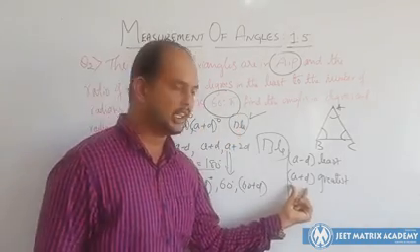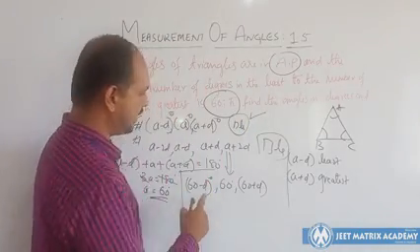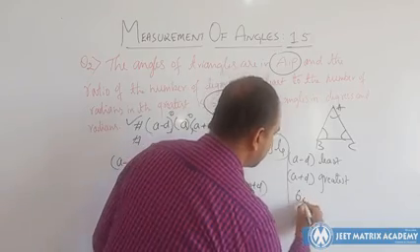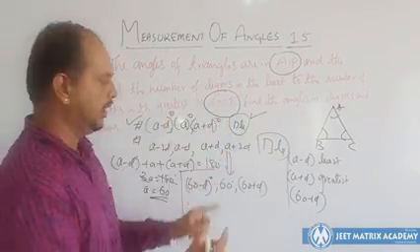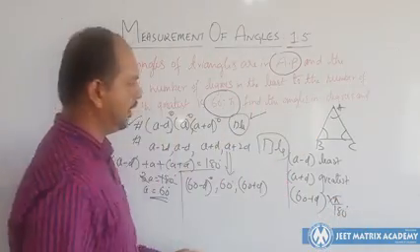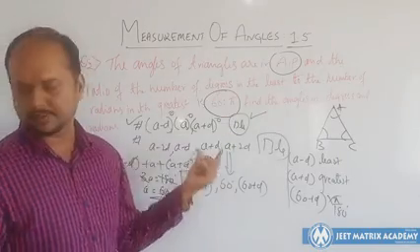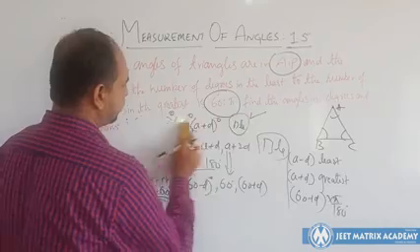So convert the highest into radian. How do you convert? A plus D means 60 plus D. Multiply by pi by 180.